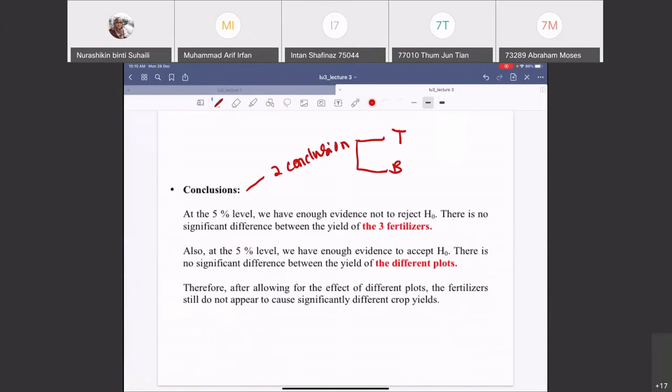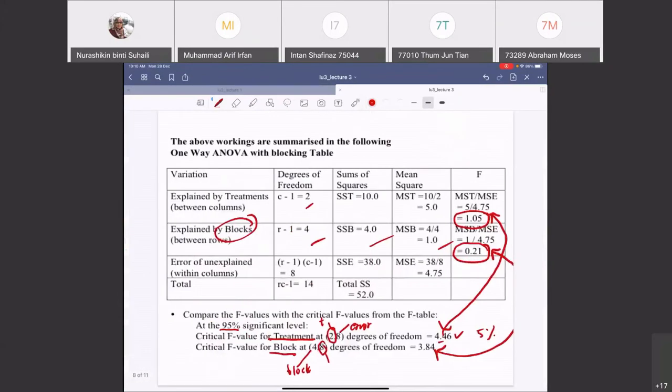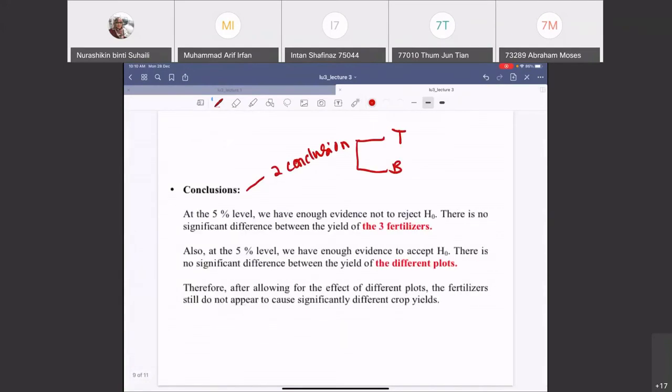So for the treatment, because both of them are less, in both situations you accept the null. So accepting the null means that there is no difference between all the samples. The fertilizers here are the treatment. And the second conclusion is also no difference because you accept the null as well for the blocks.